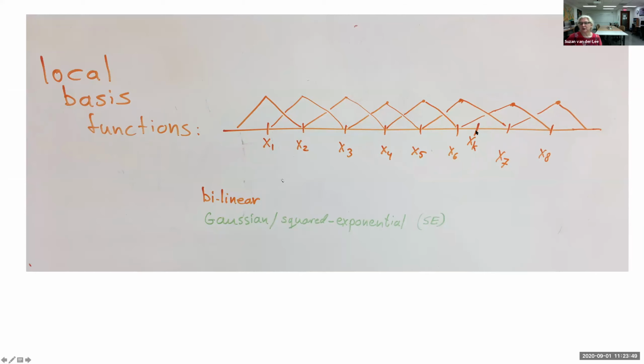So the total contribution of all of these basis functions, which all have height 1, by the way, to the value at x of k is only these 2 values, from the basis function at x6 and the basis function at x7, that contribute to the value of the MOHO depth at x of k.